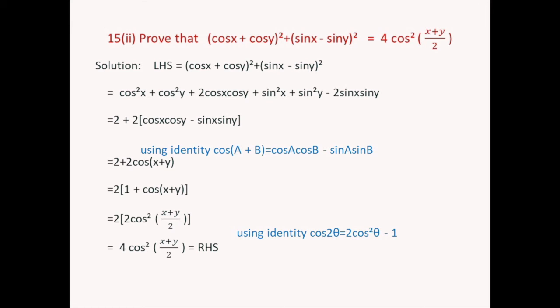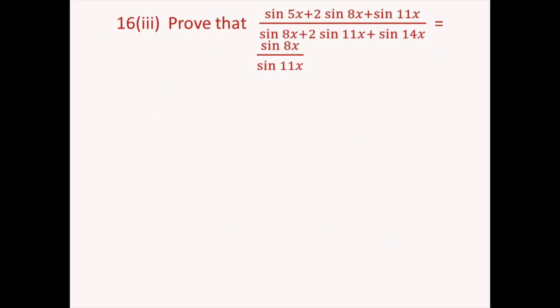Using that identity, I get 2 times 2 cos square of (x plus y) by 2, which when I multiply 2 by 2, I get 4 cos square of (x plus y) whole by 2, which is my right hand side. So again, my left hand side has been proved equal to right hand side.